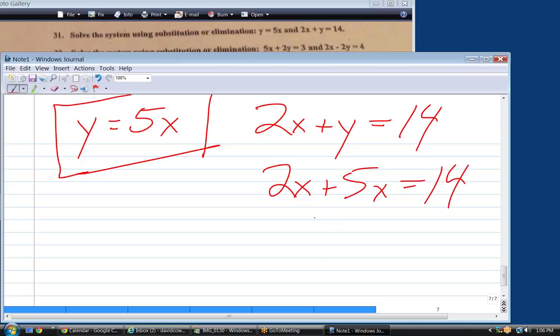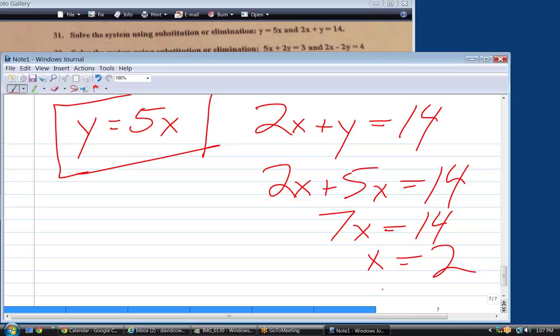Proceed. Right, so that would be 7x equals 14, and then x would equal 2. And then what's y equal to? Remember, you always have to solve for both variables. Plug it back in.